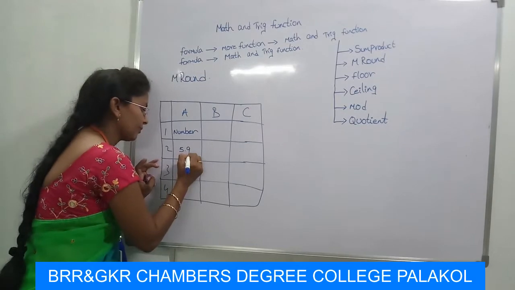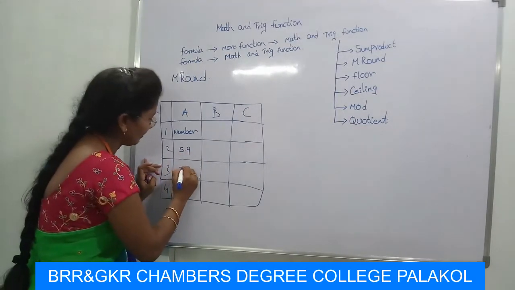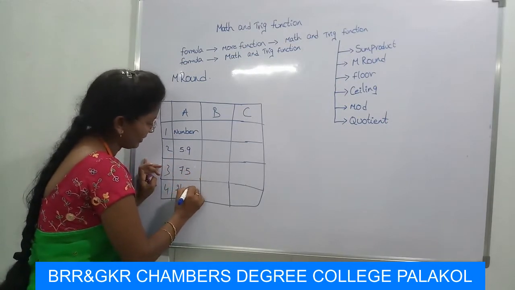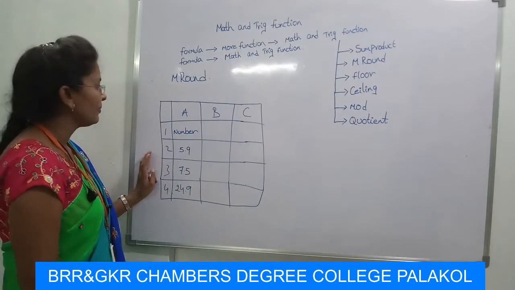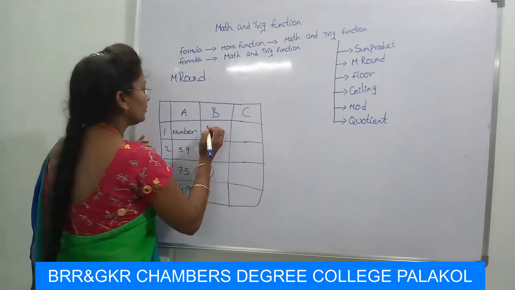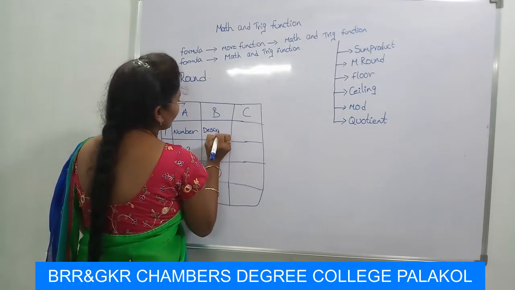And in A3 cell, I am taking the data as 7.5, and in A4 cell, I am taking the data as 24.9 here.